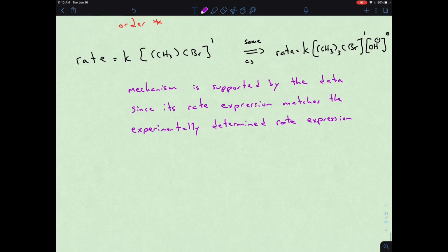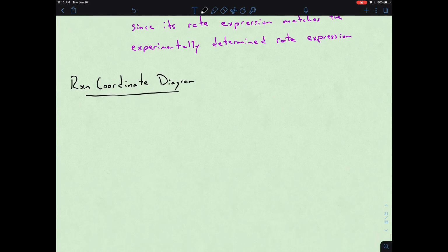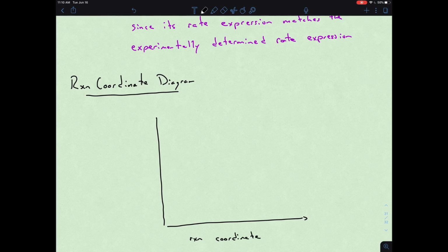In terms of a reaction coordinate diagram, we now have some additional features. Again, in this case, we're going to assume exothermic just for the diagram.